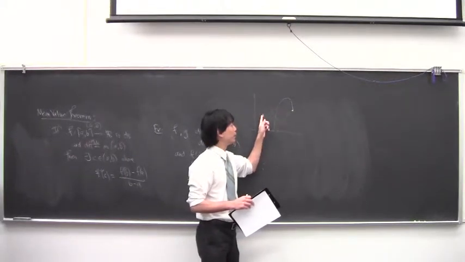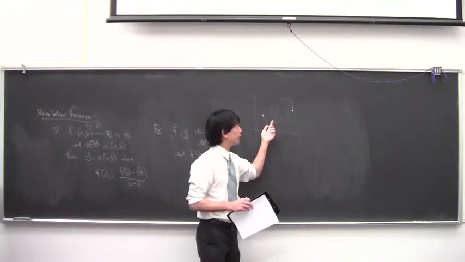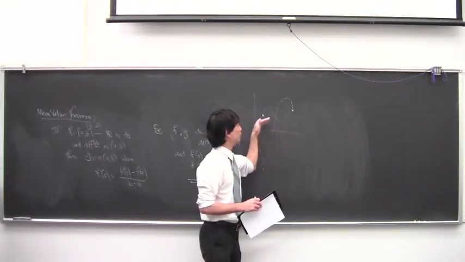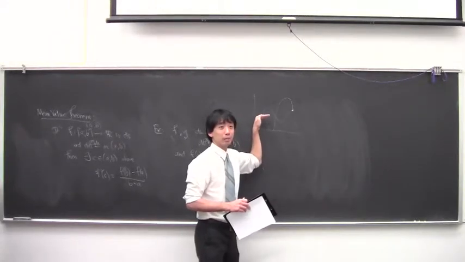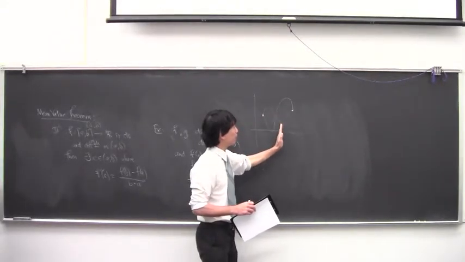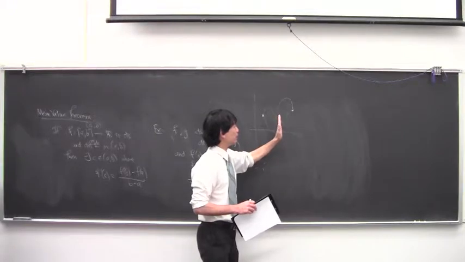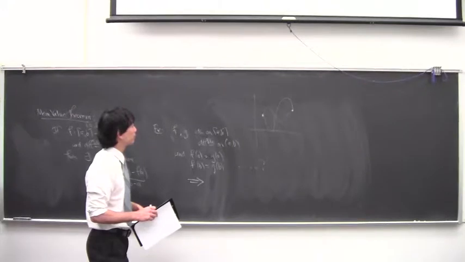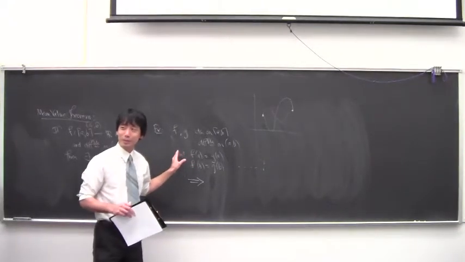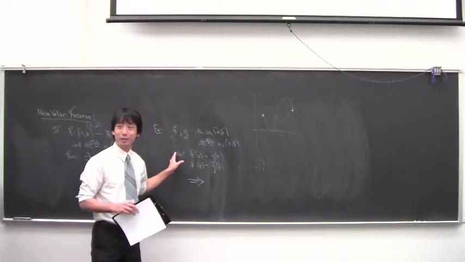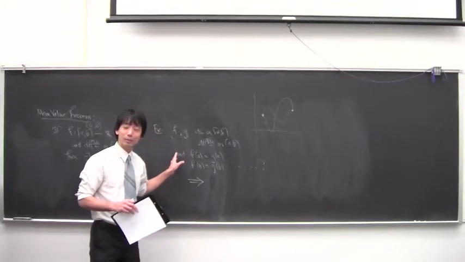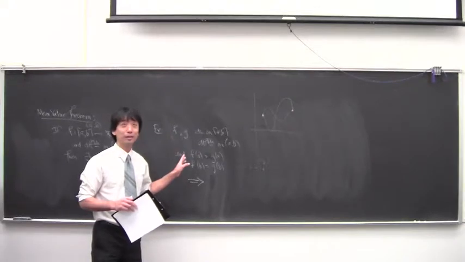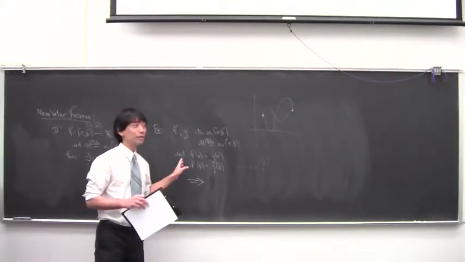If we use the mean value theorem on each of them separately, then each has a point where the instantaneous slope equals the slope of this line. But in fact, we can say something better. What do you say one more time, Stefano? There's the same point c for both of them, where they have instantaneous velocities equal to the average slope of the line.